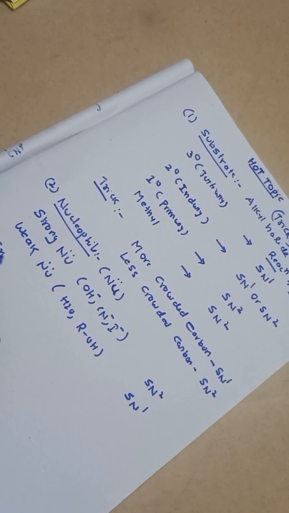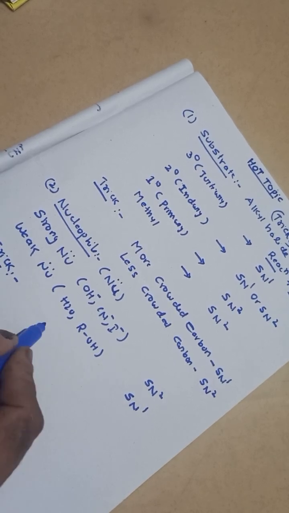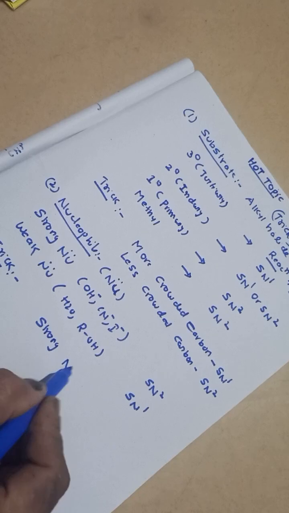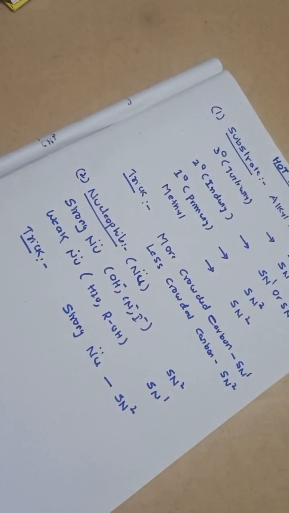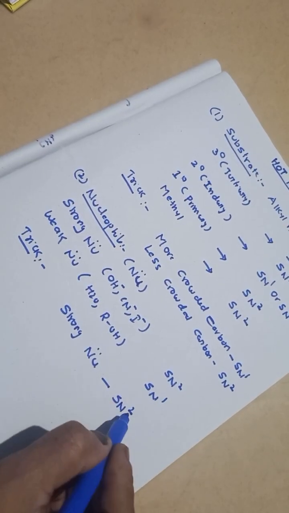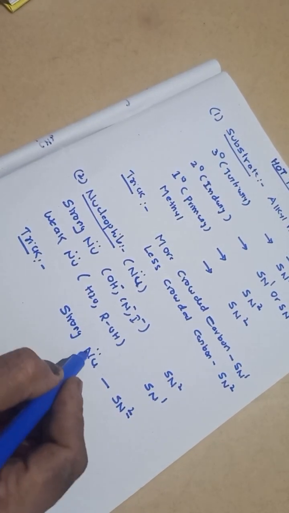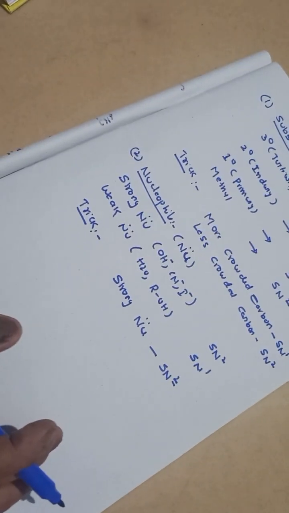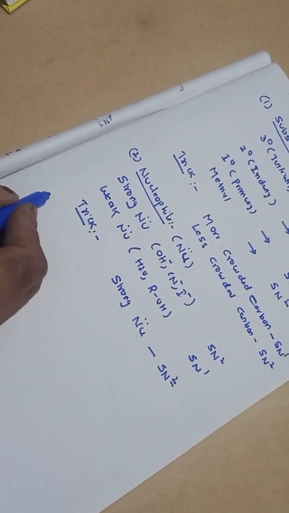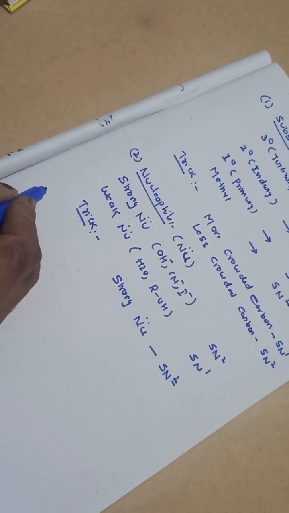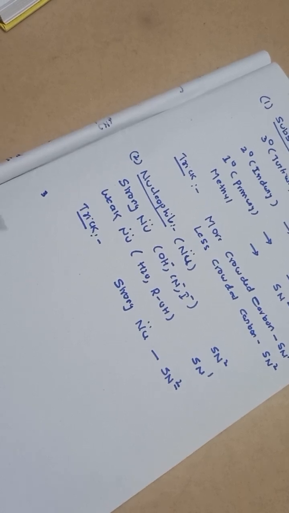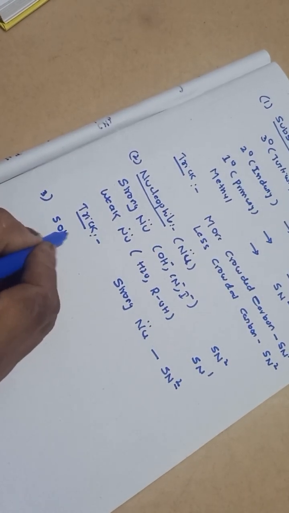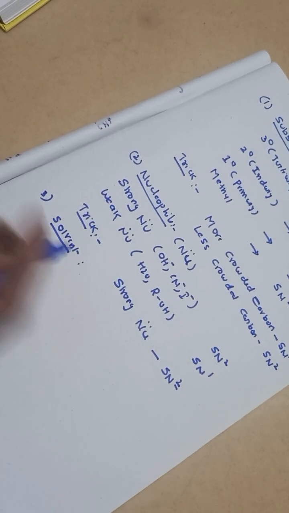What is the trick here? Strong nucleophile favors always SN2. Remember, 2 is greater than 1, so 2 is stronger, so you always prefer SN2 for stronger nucleophiles. Clear students? Next, coming to the third one, which is our solvent.